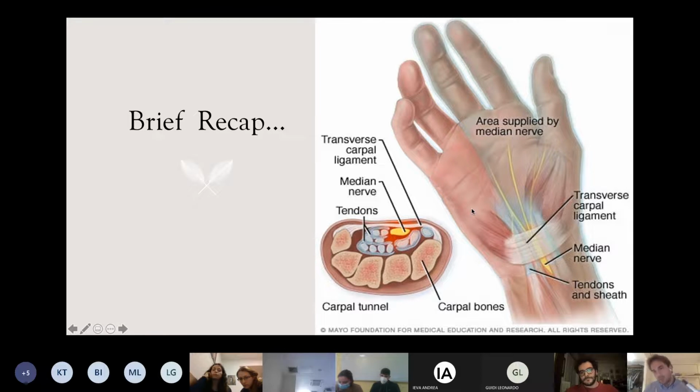Okay, the treatment is to cut this transverse carpal ligament and thus releasing the compression on the median nerve.